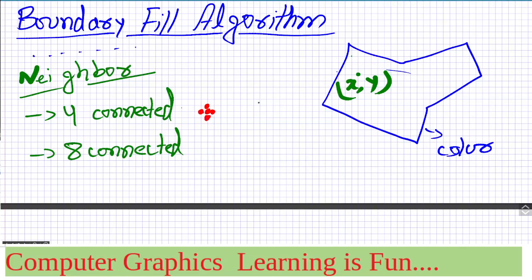Okay, if it is 8 connected, then this pixel is connected to all the 8 pixels around it.